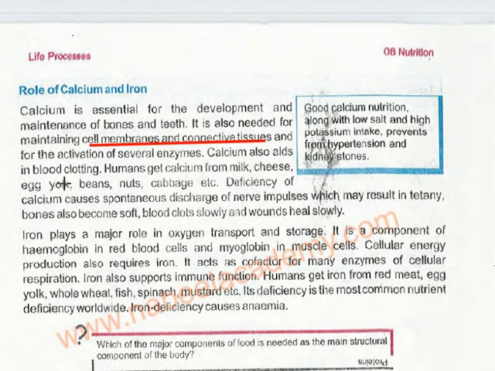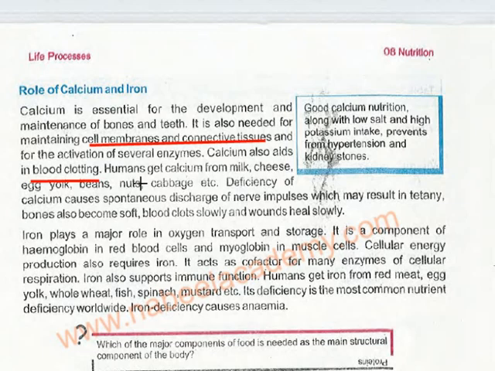For the activation of several enzymes, calcium also aids in blood clotting. When the blood clots, that is good at certain places. For example, during accidents, we need blood clotting for the prevention of the loss of blood. So yes, calcium also helps in the clotting of blood.